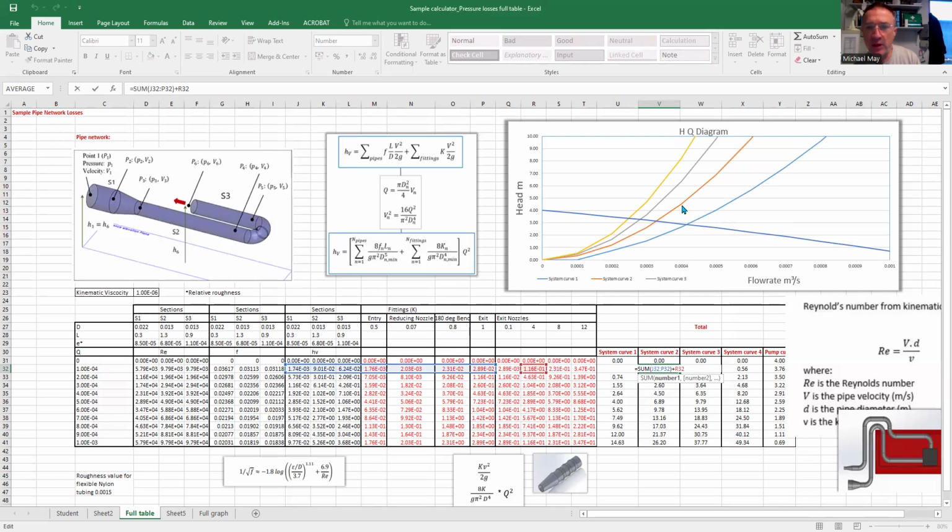Then if we click on the next system curve, you'll see system curve 3. If I click on this, it's adding up all the major and minor losses and a nozzle with a K factor of 8, and so on.